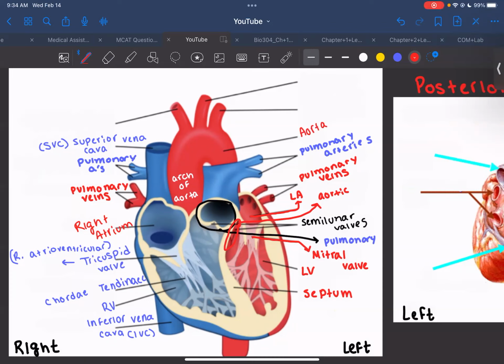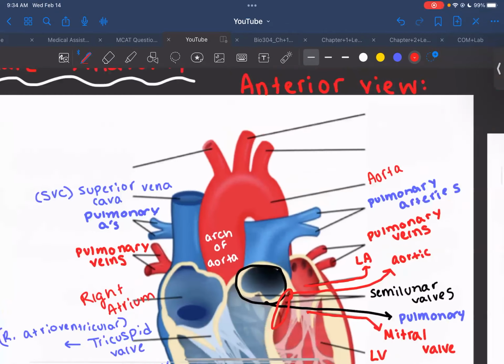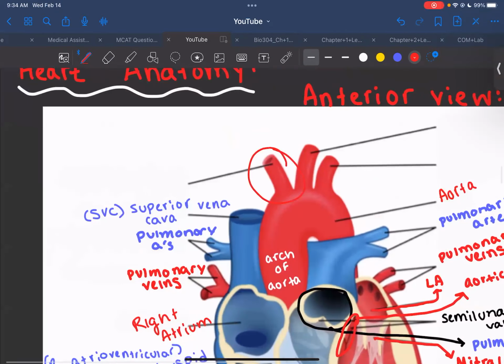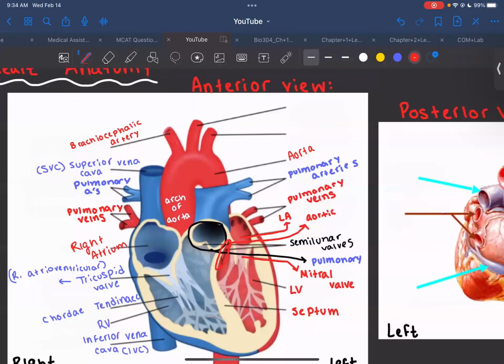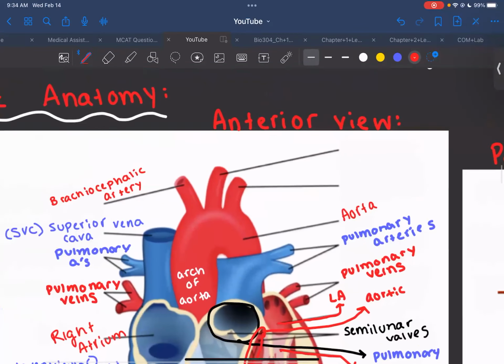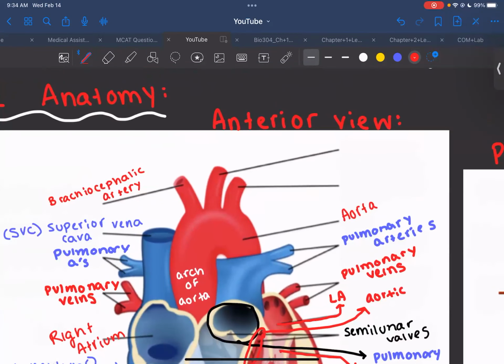And then up here, we're going to have some of the great vessels that come off of the heart. This first one right here, the one that I just circled, is going to be called the brachiocephalic artery. And this actually divides into the right common carotid and right subclavian, which supplies the arm and then the head.